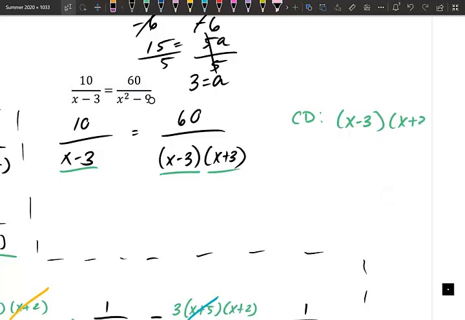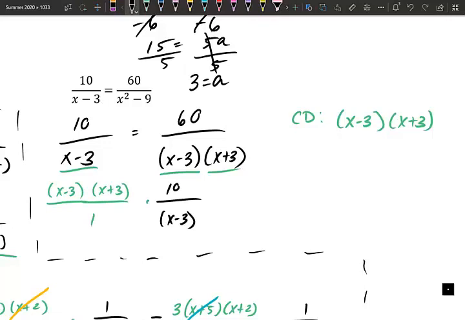So we're going to multiply everything by our common denominator. So we have x minus 3, x plus 3 over 1 times 10 over x minus 3. And that equals our common denominator times 60 over x minus 3, x plus 3.